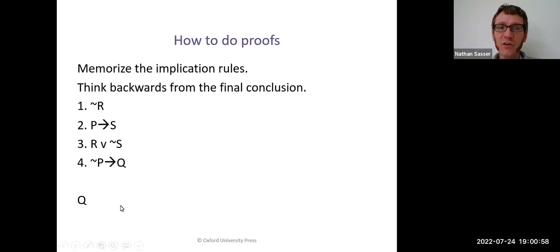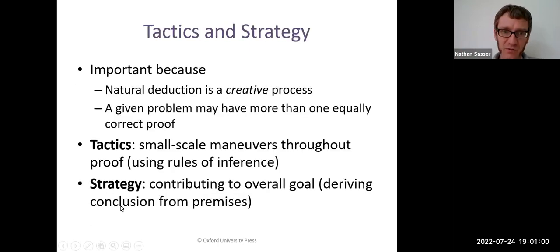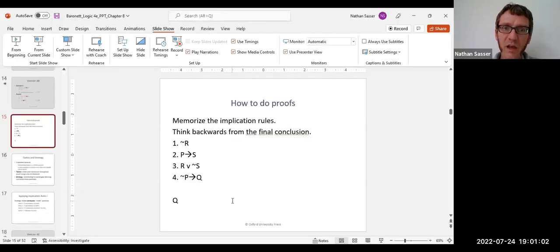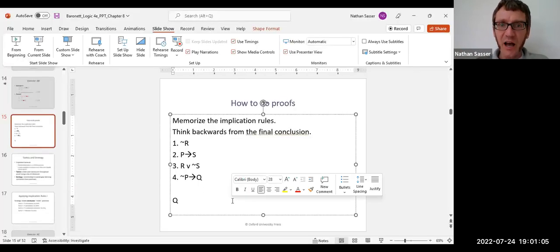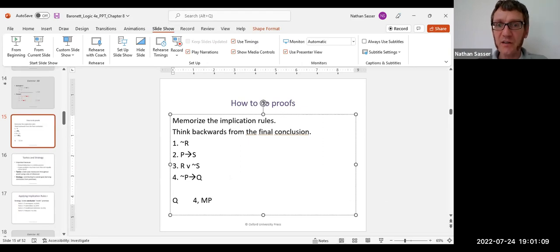So here's what you're going to do. You're going to start at the very end, and you're going to say, okay, I know that I'm going to apply modus ponens to line 4 to get Q out of it. But there's a problem. Modus ponens doesn't just require you to have this conditional statement. There's another premise that you're going to need as well if you want to apply modus ponens. What is the other premise that you need? That's right.